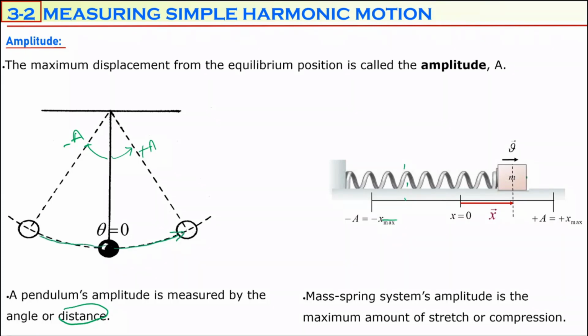But this is not a very usual way physics books use. They don't use this, but your book, as I said, added this one. A pendulum's amplitude is measured mostly with angle, but also by distance, if you prefer it. Theta maximum is positive A. Negative theta maximum is negative A.